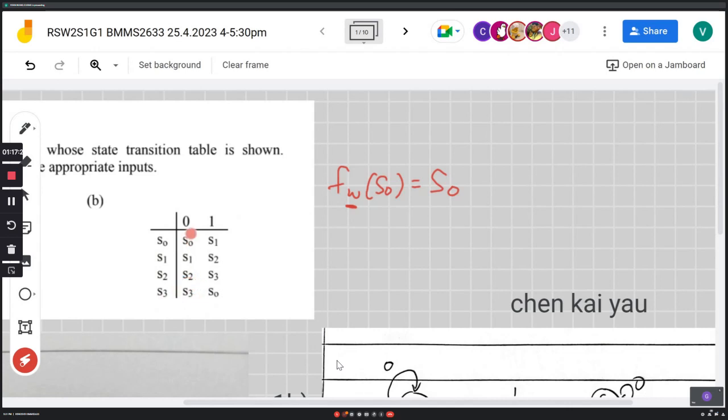So another way to say it is that only the input 1 will bring you to the next step, but not the input 0. So if your string is 1, 0, 1, 0, 0, 1, 0, 1, no matter how many 0s in the middle, it will not affect your final answer as long as the number of 1s is divisible by 4. You will always be able to come to S0.